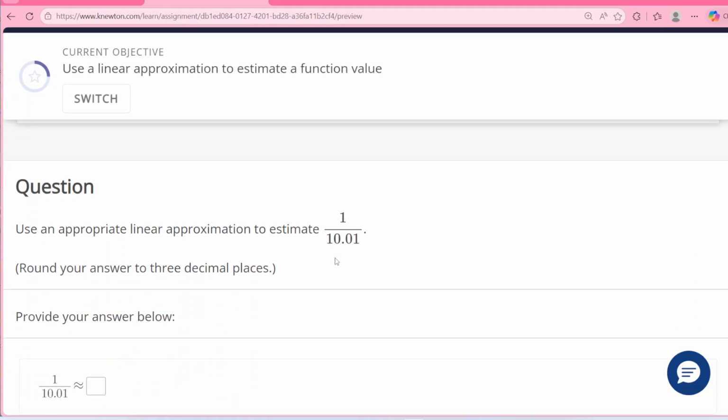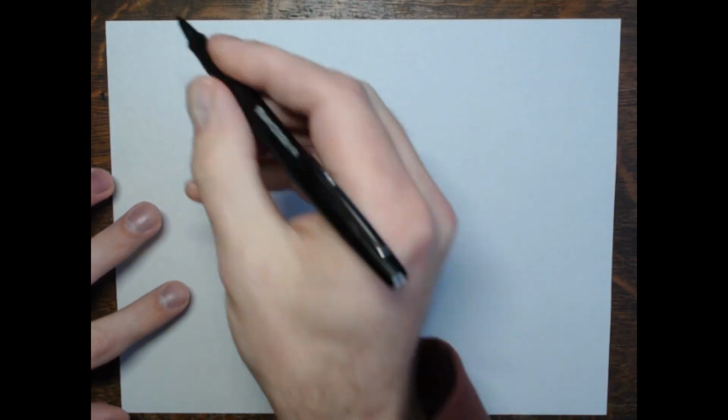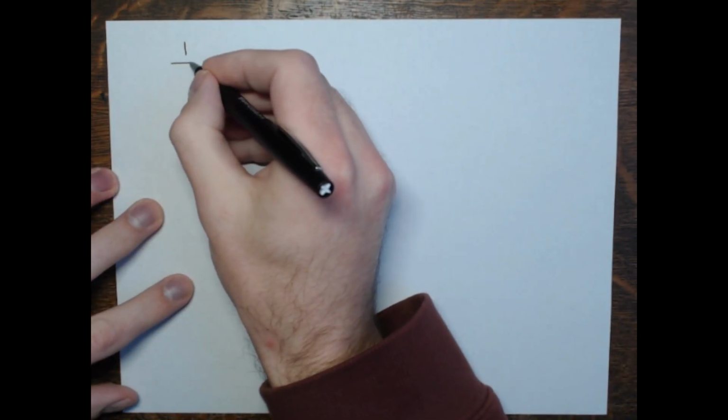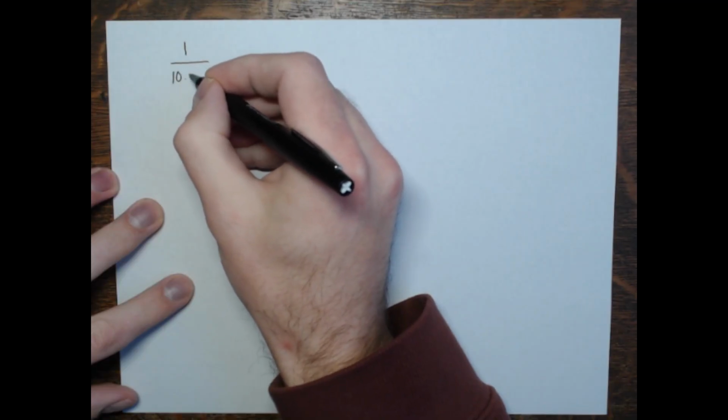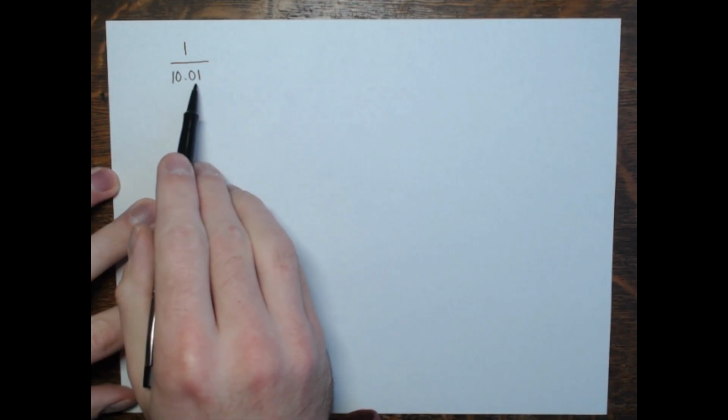All right, so back to an estimate, again, use a tangent line to some curve to estimate some value. So this time we're asked to approximate 1 divided by 10.01. So you see how this value here is near 10?